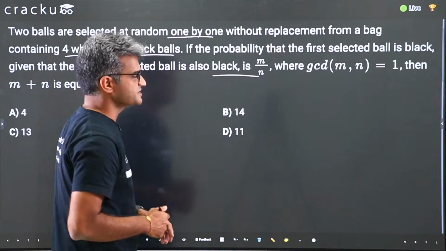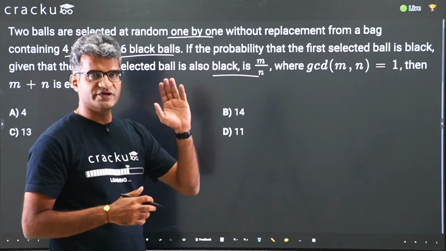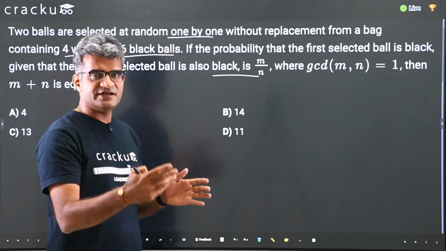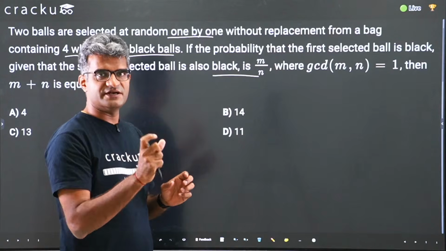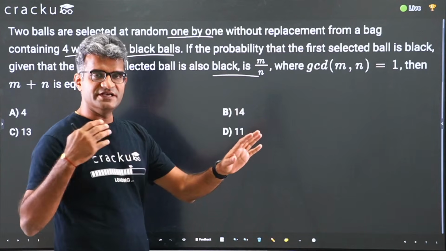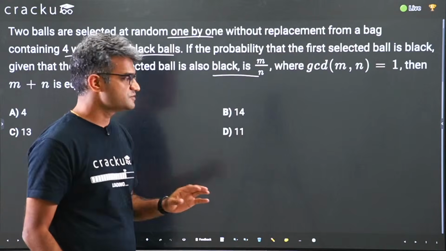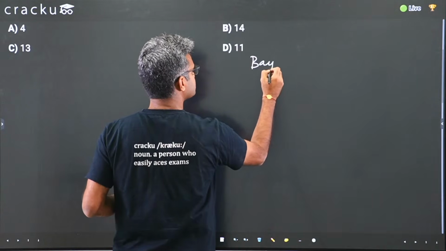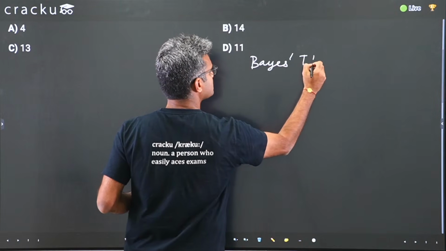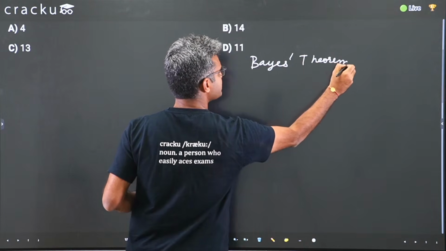So in this kind of questions, whenever you are told to calculate what is the probability that x has happened, given that y has happened, we have to use something called Bayes' theorem. What is Bayes' theorem?